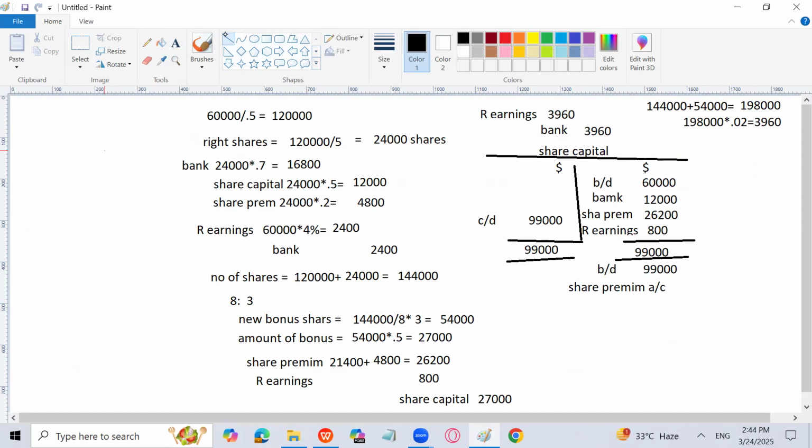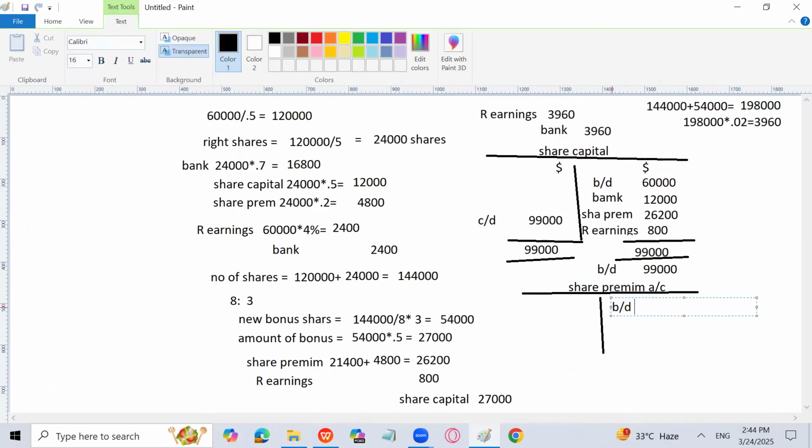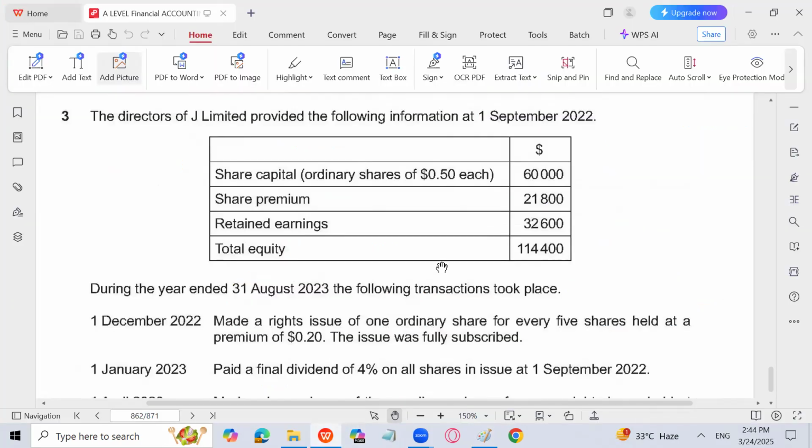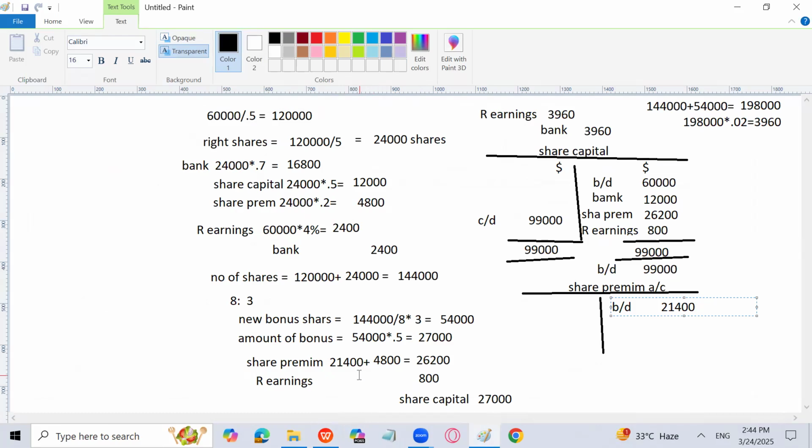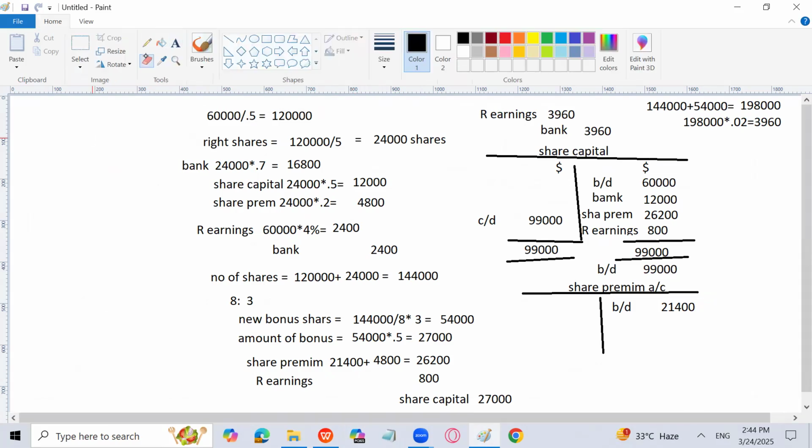I have spelled it wrongly myself, so that you might not feel any difficulty. So share premium, we have to write first of all the balance available in the share premium, that is brought down, and that is 21,400. Oh, it should be 21,800, so then the question would be wrong. Okay, let's correct this, no problem.